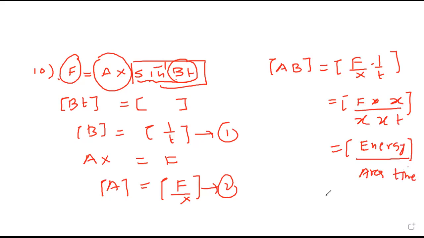Energy per unit time per unit area is called intensity. Is any option there? Intensity? Yes, sir. Intensity of light. Option C. Correct. Right. Intensity of light.